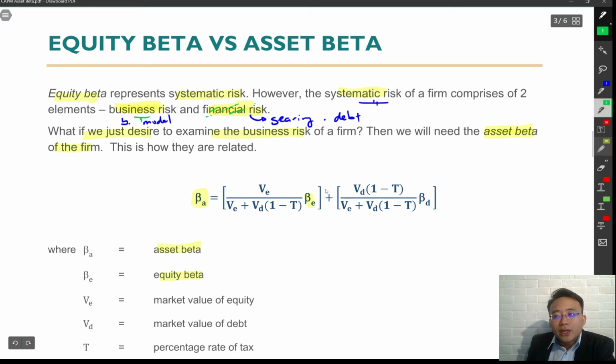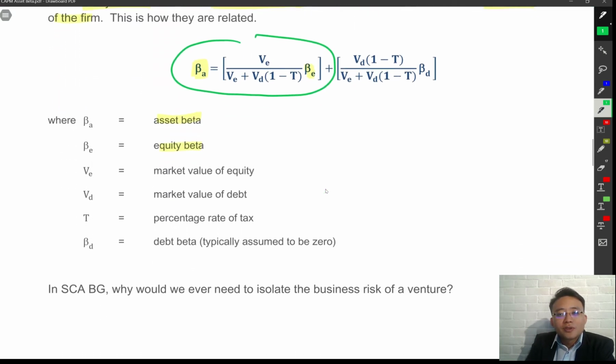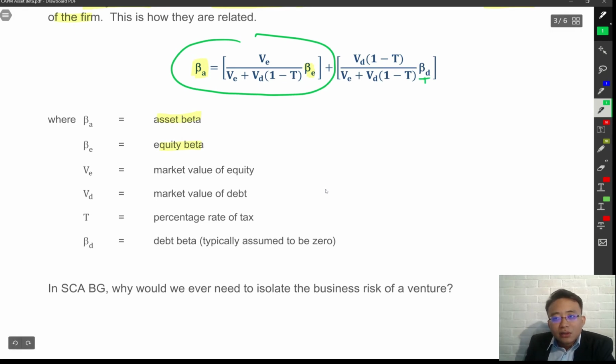Now, we can just focus on this portion of the formula. Why? Because the other side of it involves debt beta. Now, debt beta in our syllabus, and in many syllabuses actually, is typically assumed to be 0.